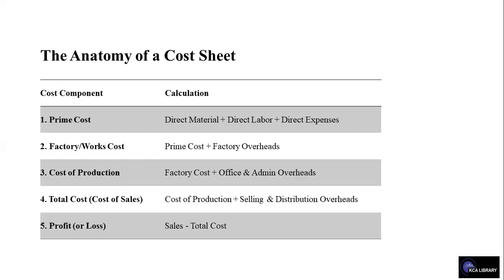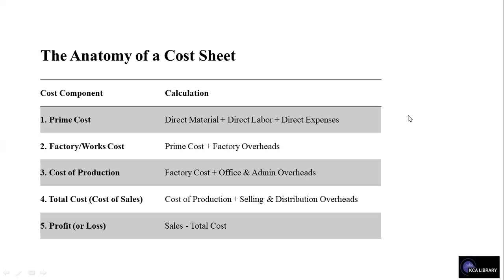Let's look at the cost sheet anatomy, the core components. The first one is the prime cost, which is direct material plus direct labor plus direct expenses. We also have the factory or work cost, which is the prime cost plus factory overhead.